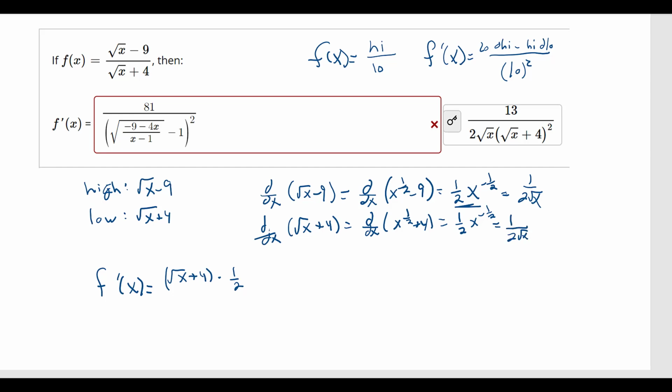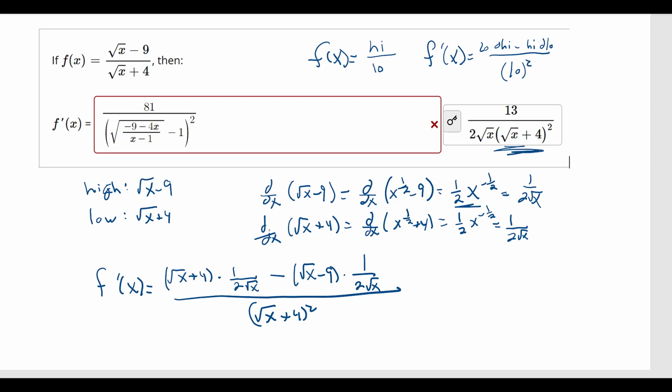Okay, hopefully you see that. And then we have minus the square root of x minus 9 times the 1 over 2 times the square root of x, all over the denominator portion, which is the square root of x plus 4 squared. And we're going to leave this like it is, as you see in the answer, it's left that way.